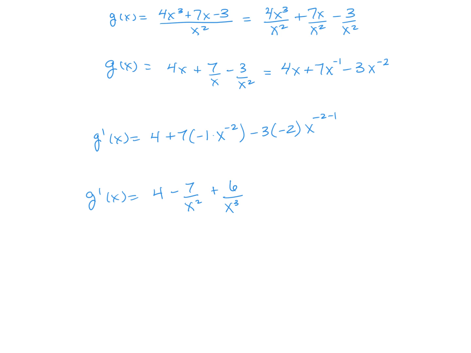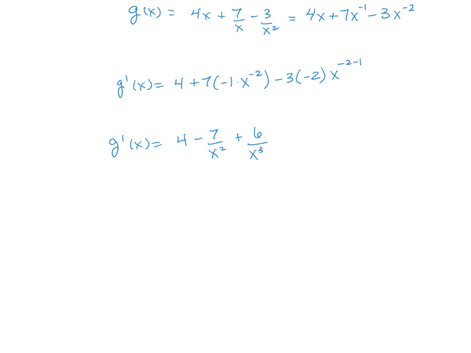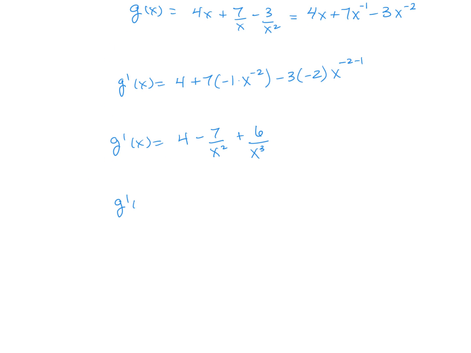It is a rational expression. If you wanted to, you could get common denominators to make it look exactly in the same format as before. If we do that, we'd multiply the top and bottom of the first one by x cubed. We would multiply the second one by x to the first power, and then leave the last one alone.